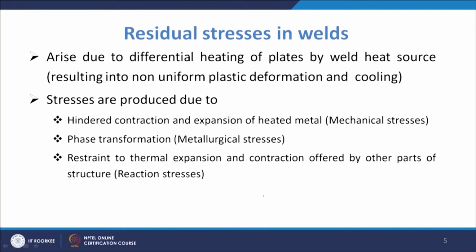So basically you have three kinds of residual stresses. One is the mechanical stresses, another is the thermal stresses, and you have the reaction stresses which we come across in these cases.